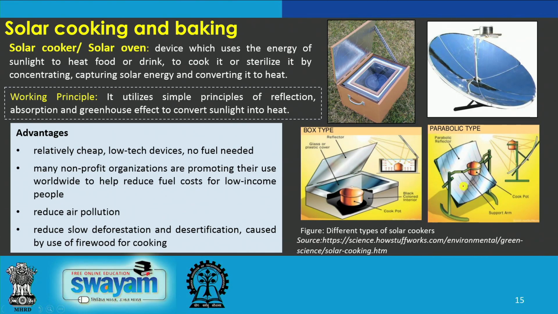Baking as well as frying can be performed with this high temperature application, where the parabolic reflectors focus the solar radiation at a single focal point, and the cook pot is normally placed somewhat in the middle of the parabolic reflector, so that it receives the maximum radiation and effectively bakes or fries the food materials.